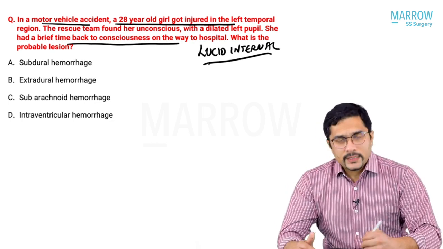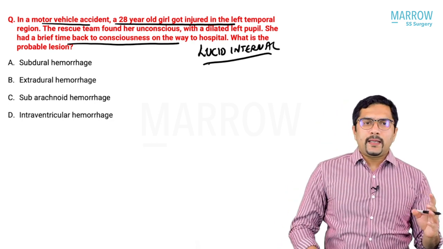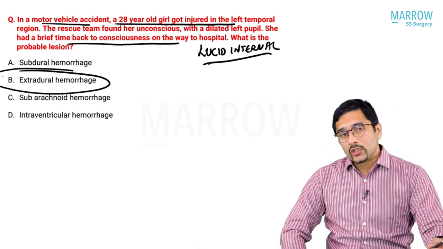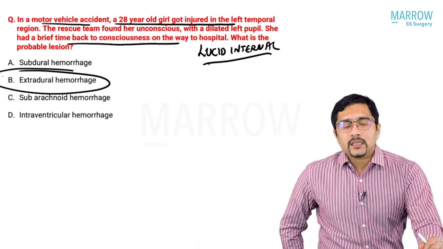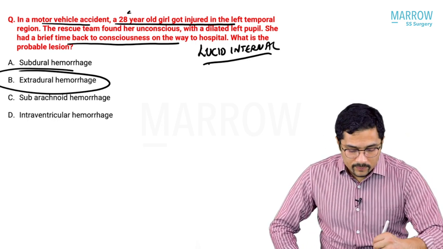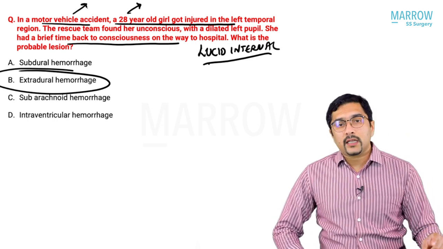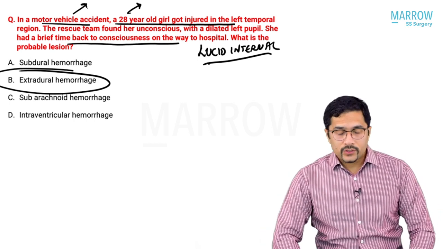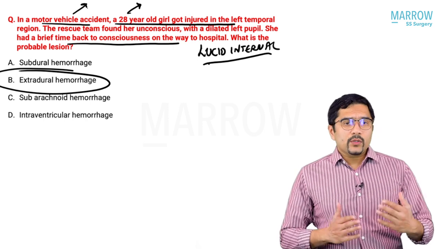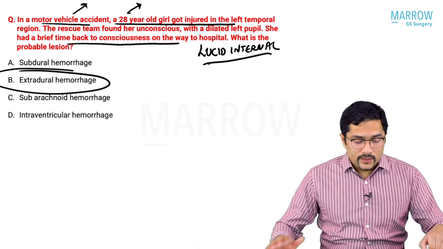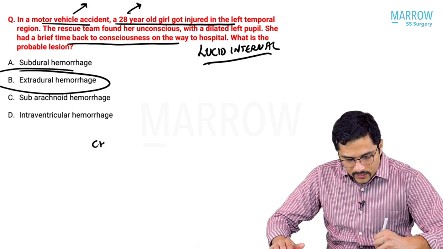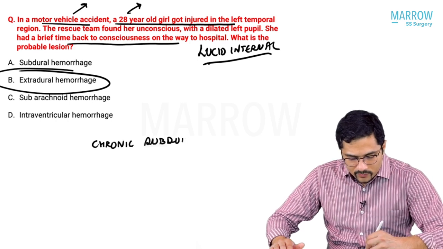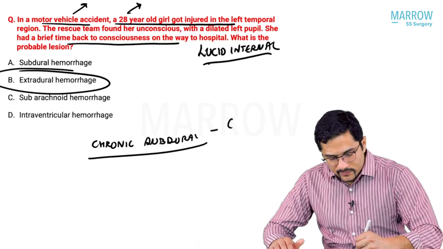Now, you know that lucid interval can be seen in any head injury, but it is very common in patients with extradural hemorrhage. The other indicators for extradural hemorrhage are a young patient and high velocity impact. Subdural hemorrhage is more gradual, especially chronic subdural hemorrhage, which is seen in elderly patients.